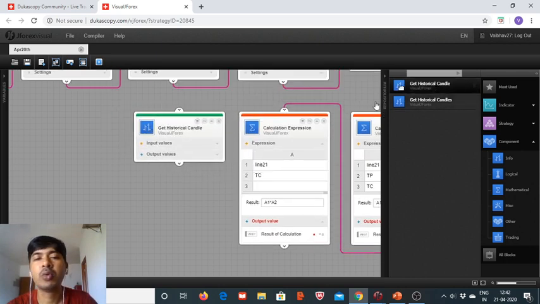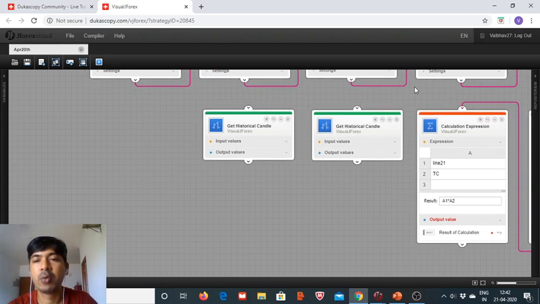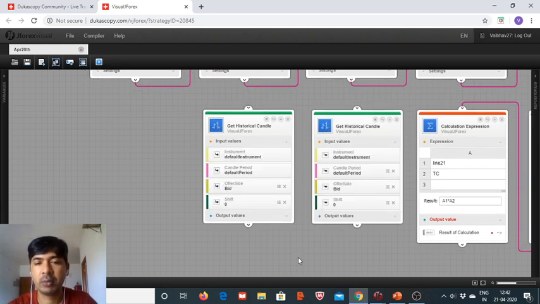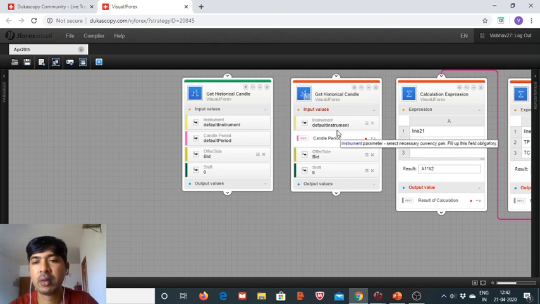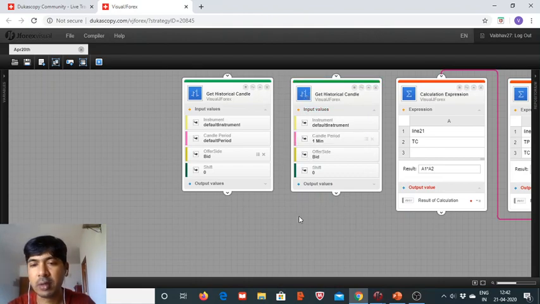We will need to shift 1 and shift 2, and as I said, for today's session we are going to work with the 1 minute setup. So here the default period should be 1 minute. As I said, 10 seconds can be used as well.